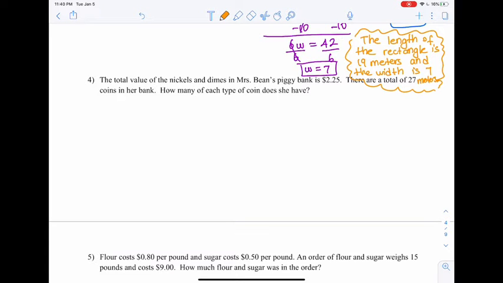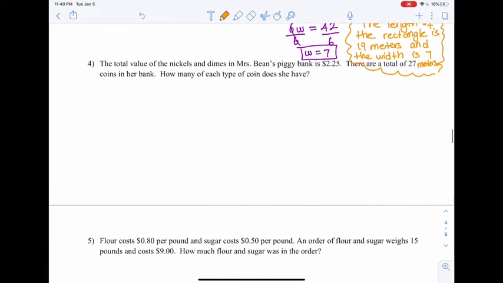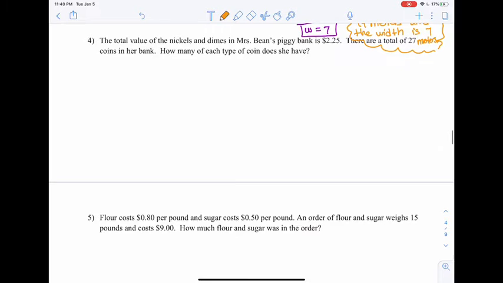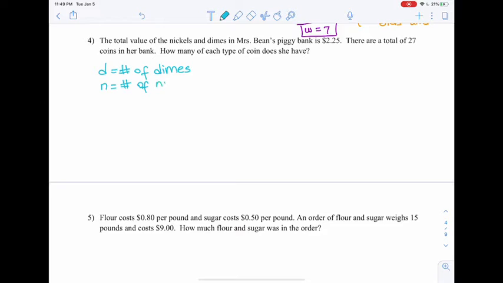Let's start with defining our variables. D is for number of dimes, and N is for number of nickels.